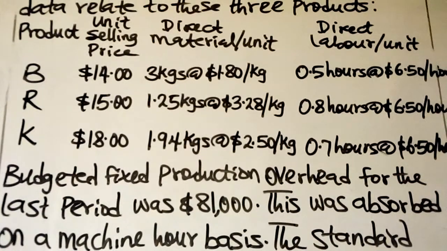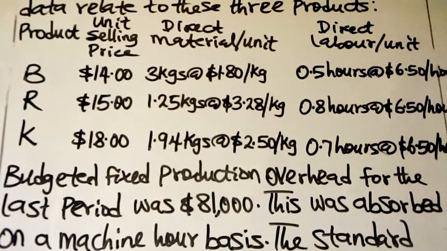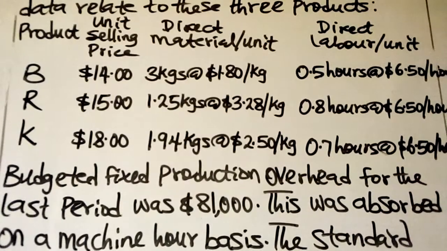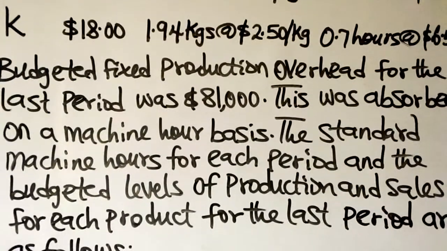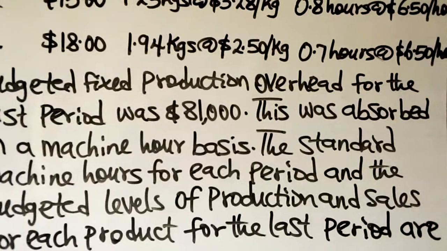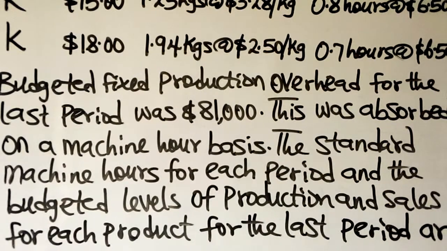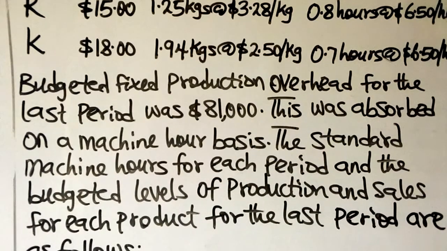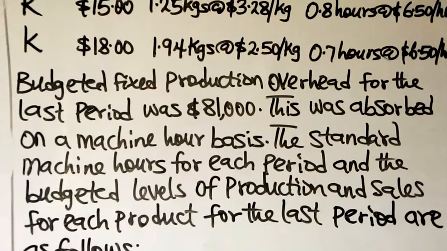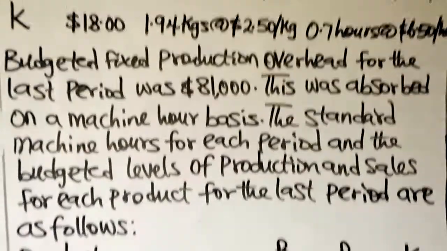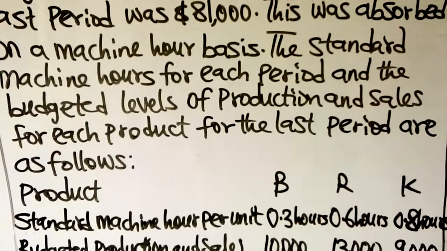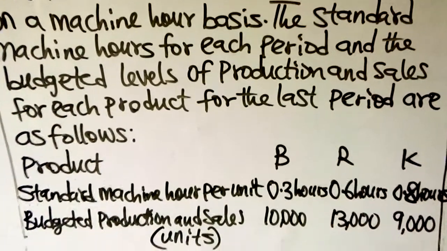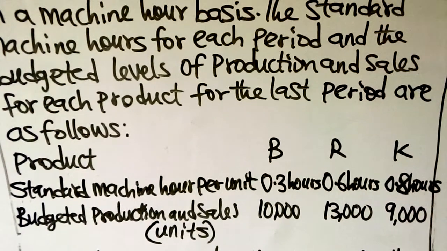You have the budgeted fixed production overheads for the last period was $81. This was absorbed on a machine hour basis. The standard machine hours for each period and the budgeted levels of production and sales for each product for the last period are as follows.